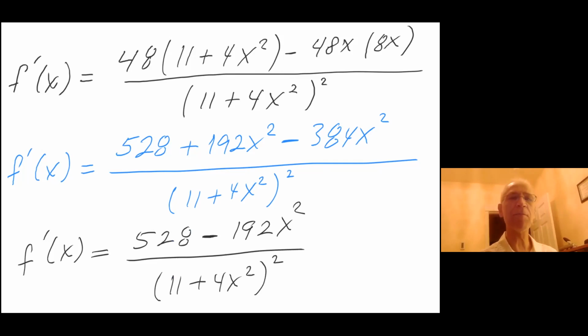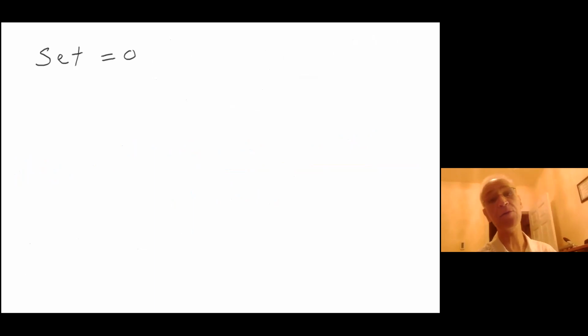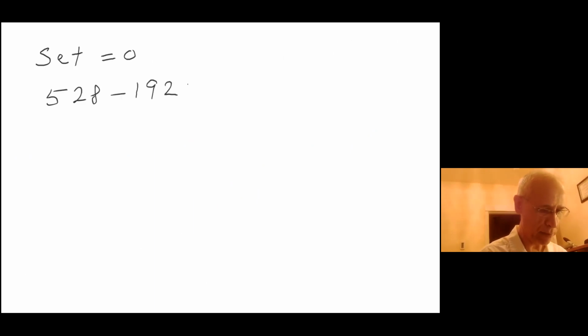Okay, so now I'm going to set this equal to 0. What I had on the top, it is enough for the numerator to be 0. So 528 minus 192 x squared equals 0.